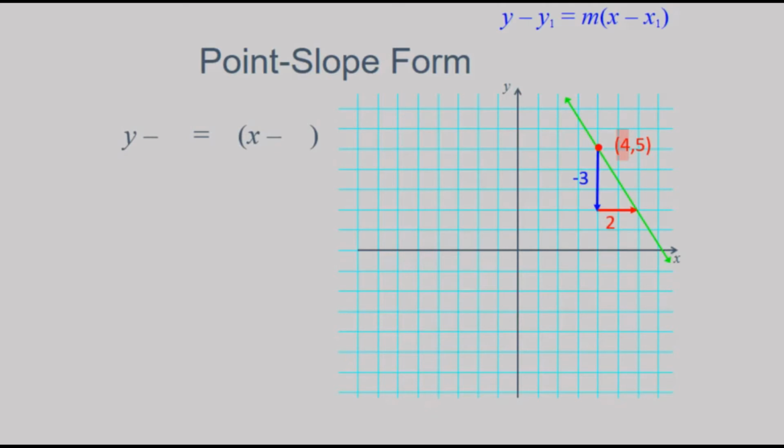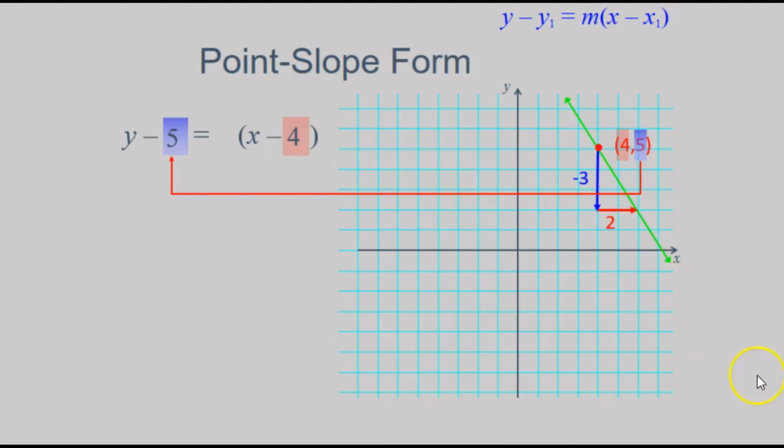Replacing the x coordinate with the value from the particular point, we replace that with 4. Our y coordinate of the given point is 5. That replaces the y sub 1 in the general form of the point-slope equation.